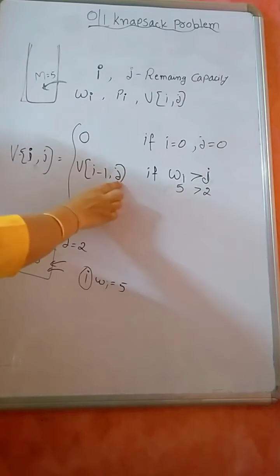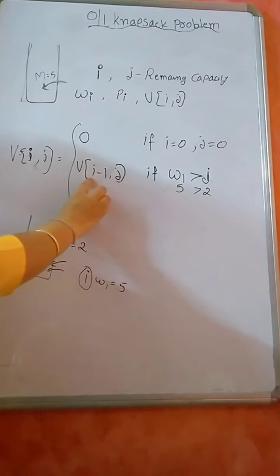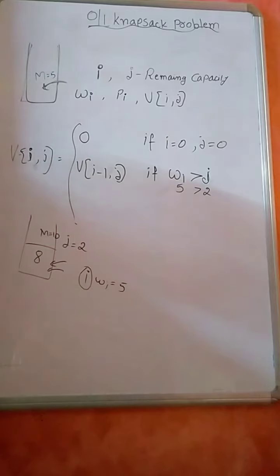Therefore there is no change in the j. But before the ith object, whatever I have selected, V of i minus 1 comma j is the previous profit. It represents the previous profit before I am selecting this particular object. Anyhow I am rejecting this object. So what is my profit? It is the previous profit only. So that is V of i minus 1 comma j.